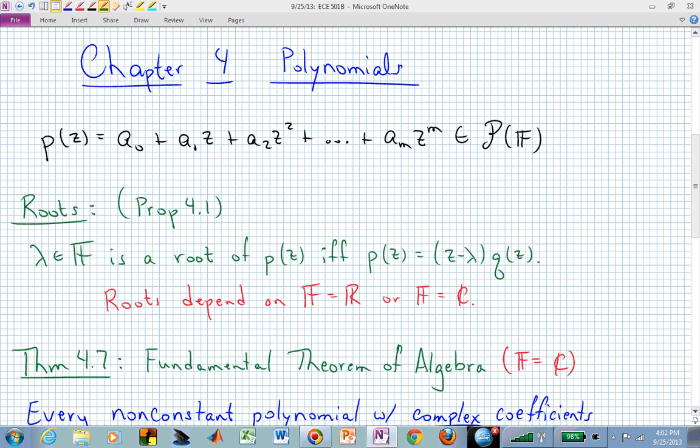One of the results that is key is that a polynomial has a root if we can factor out a linear factor z minus lambda from the polynomial p of z. If we can't factor out a linear factor, then we may not have a real root in that polynomial p of z.